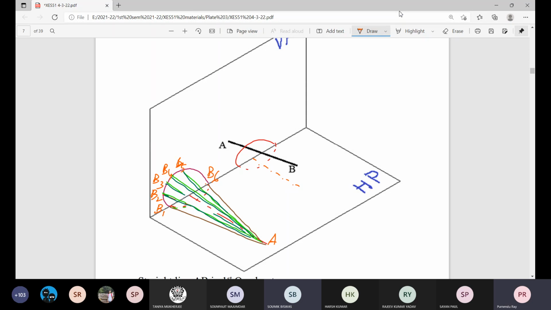Now, if instead of that, if we consider one cone standing vertically, so this conical surface is formed by infinite position of this generator.